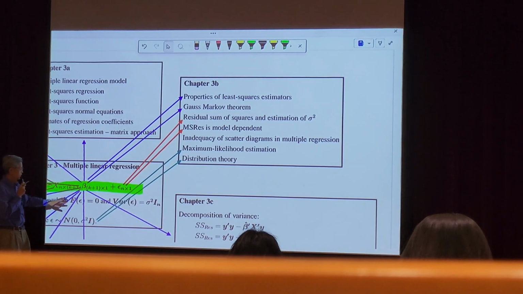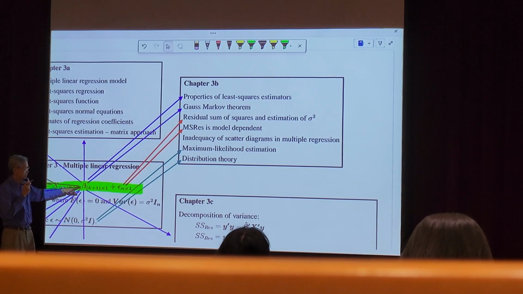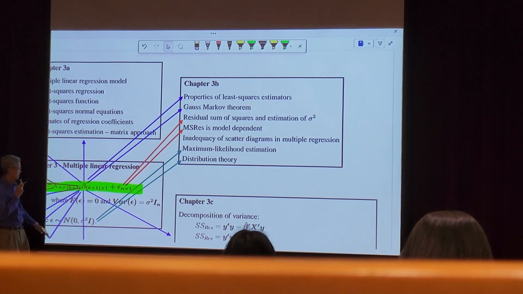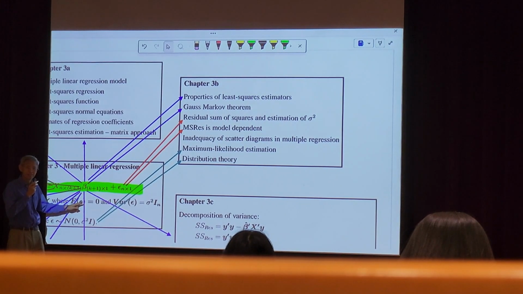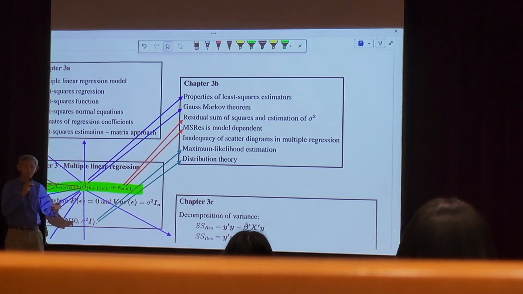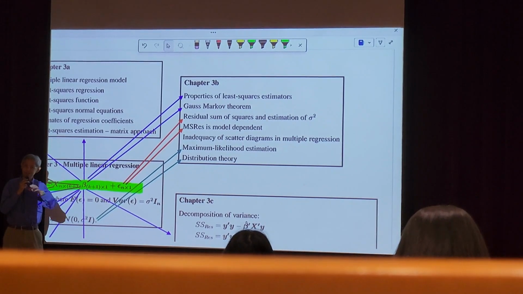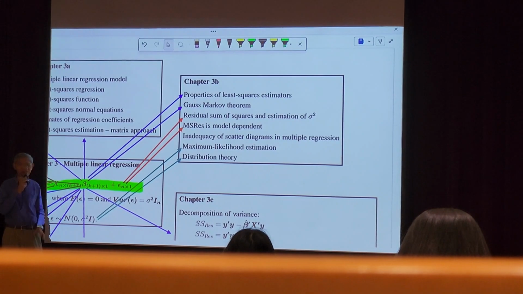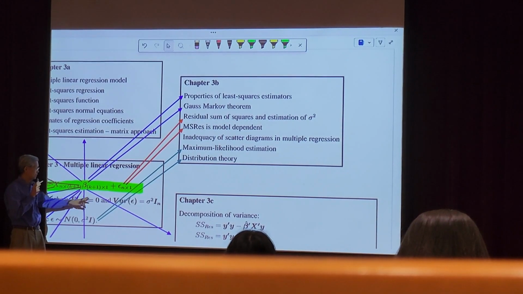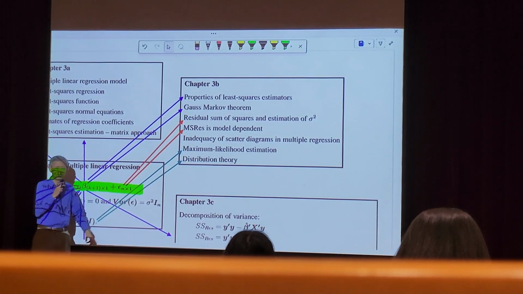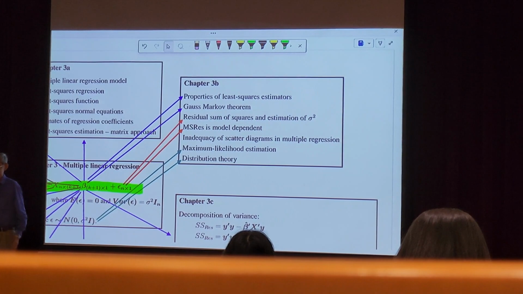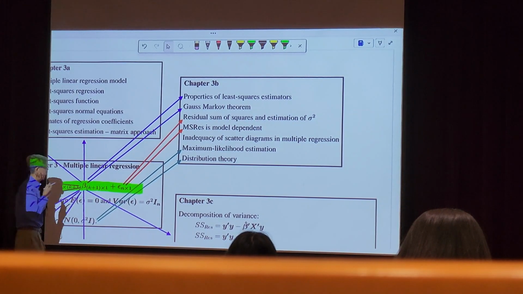Of course, when we study the multiple linear regression model, this random error is not a factor. So I'm talking about the distribution of the random vector. This random vector has mean 0 and variance covariance matrix sigma squared I_n.